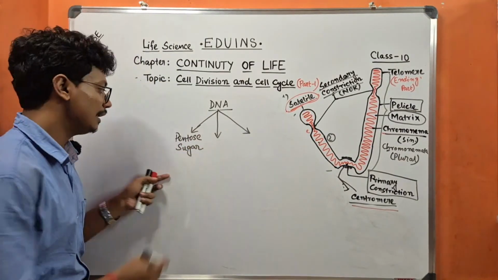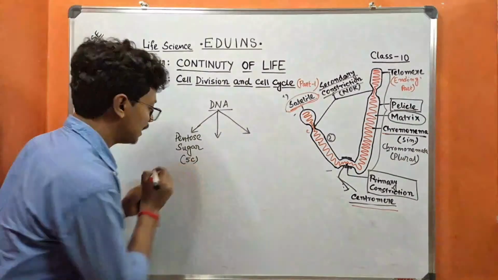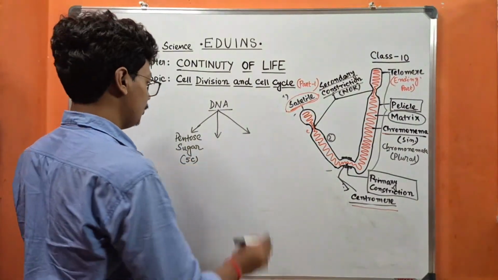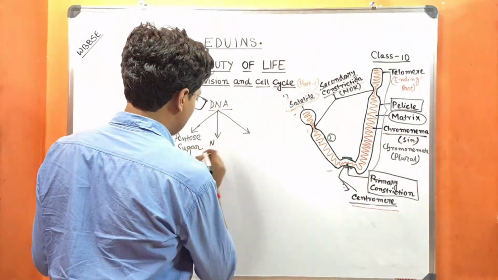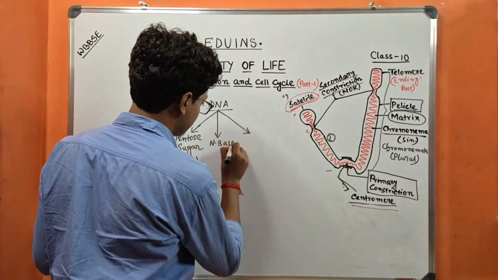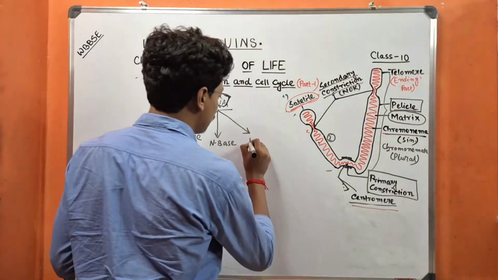What is pentose sugar? That is a 5 carbon containing sugar molecule, of course an organic sugar molecule. Next one is the nitrogenous base, and the third one is the phosphate.